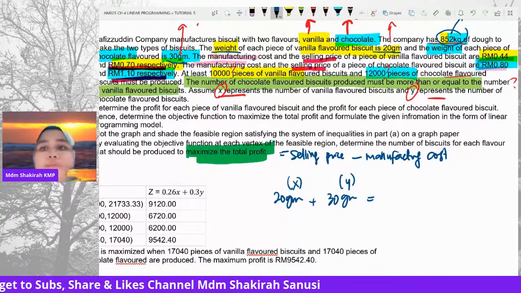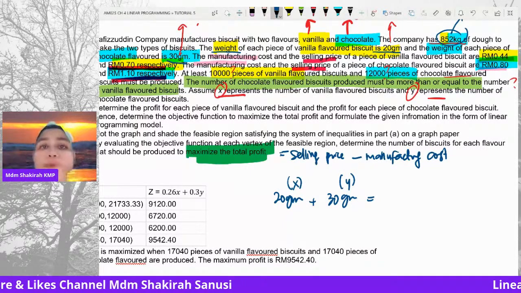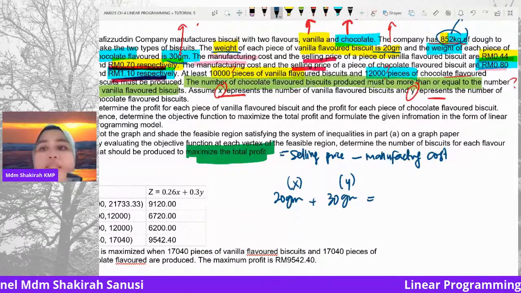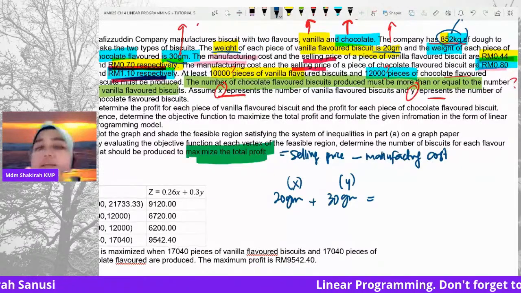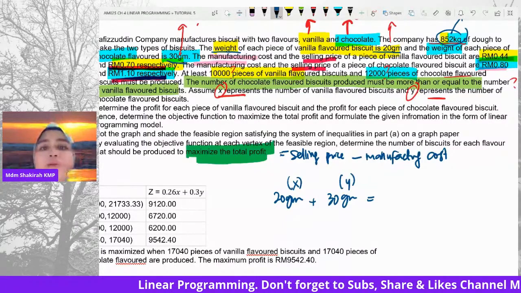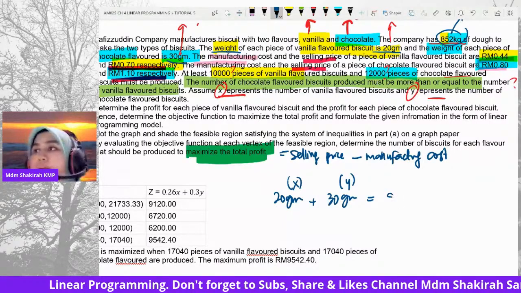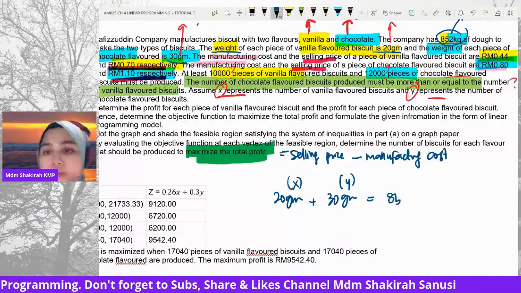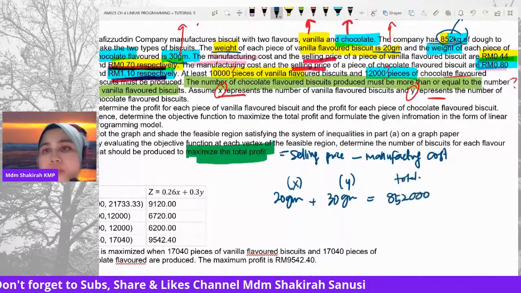Okay, must be in the same unit. All the values must be in the same unit. 852 kilo bukan dalam gram. So dia adalah dalam kilo. So kita tukar dia kepada gram. Okay, so dia akan jadi this is the total.